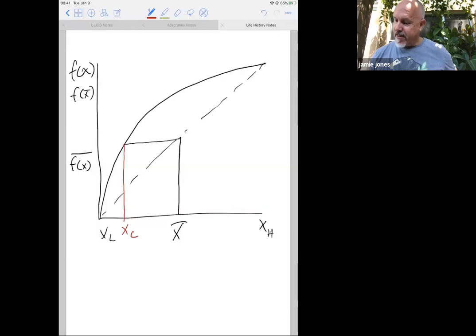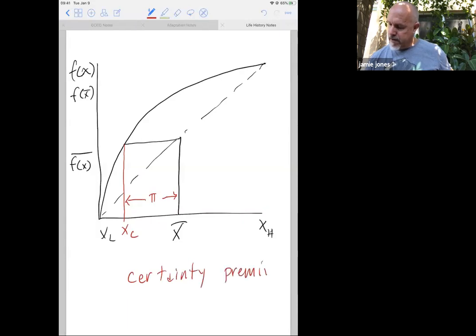The difference between your certainty equivalent and your mean outcome, we call that pi, the certainty premium.